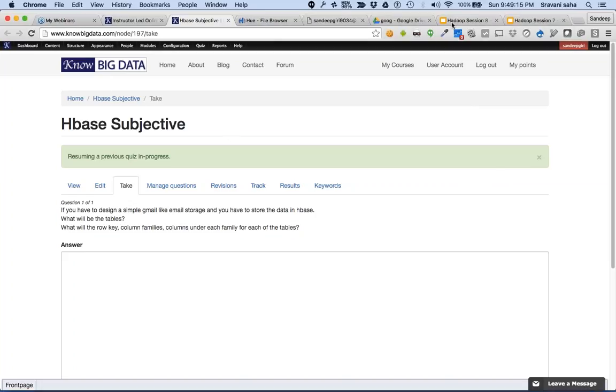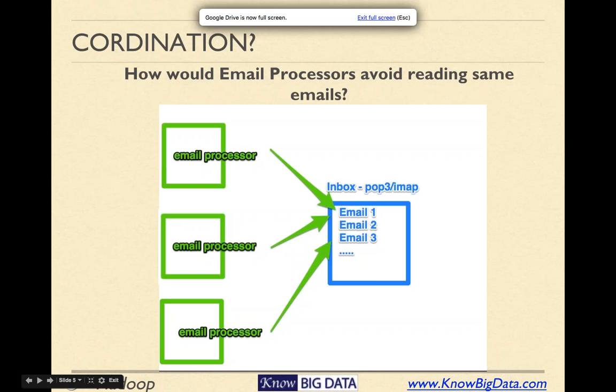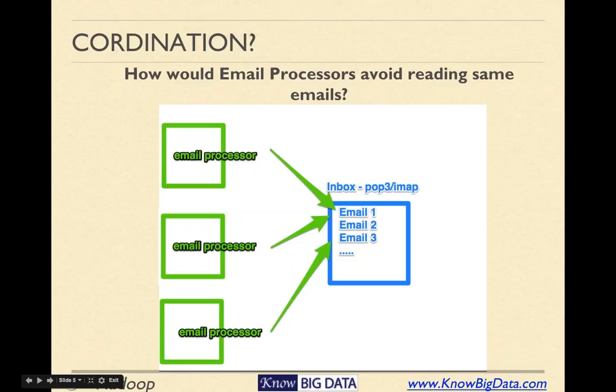All right. Now, the next question which I want to ask you is, you are writing something called an email processor. It could be something which is creating an email index. You are not supposed to modify the email.